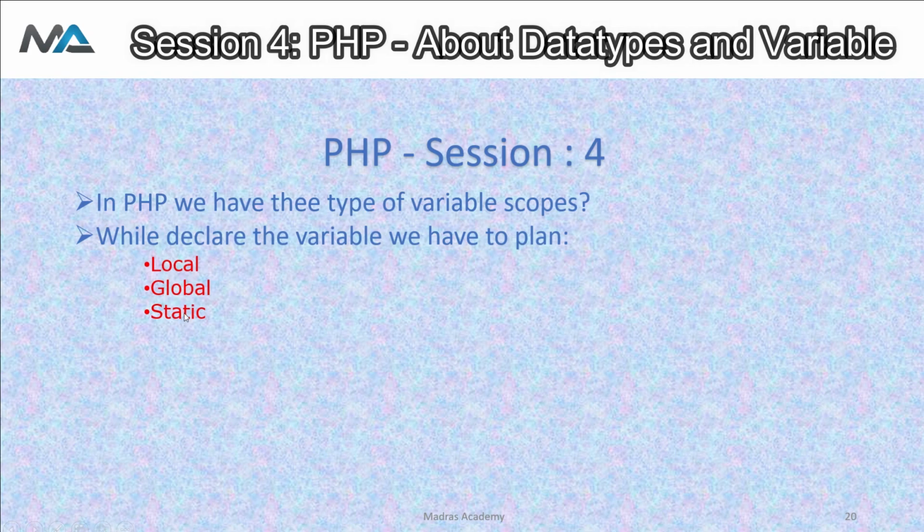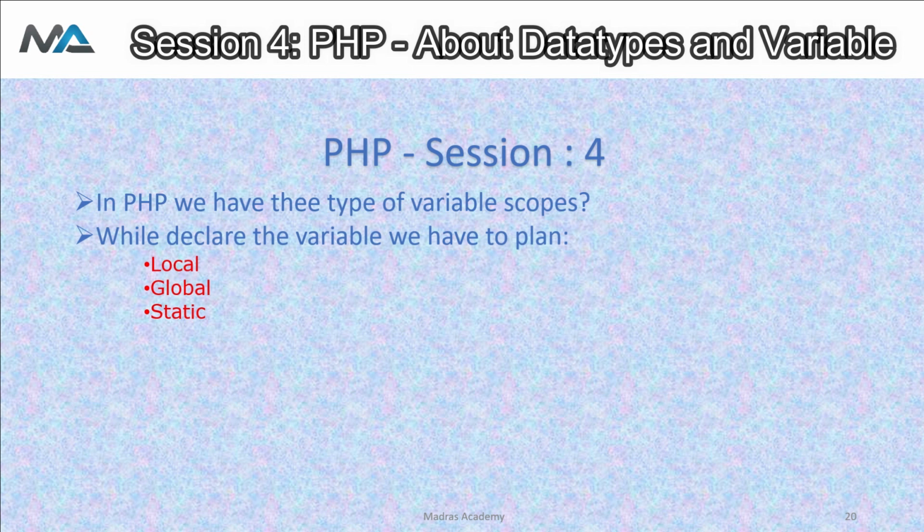While writing the program, I will tell you what a local variable is, what a global variable is, and how to declare a static variable. Just remember we have three types of scope in PHP, and we can declare the variable as local, global and static. Where we use these, we'll see later.